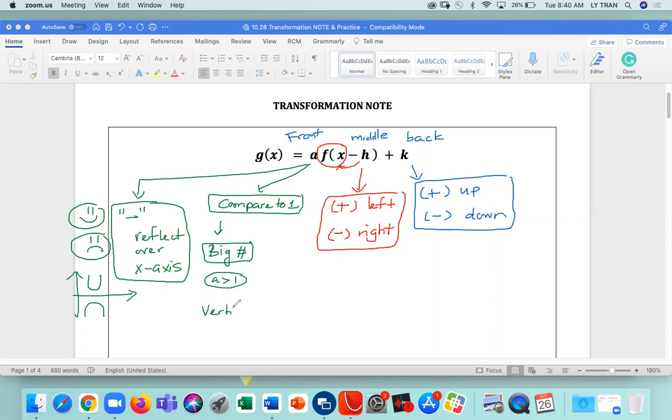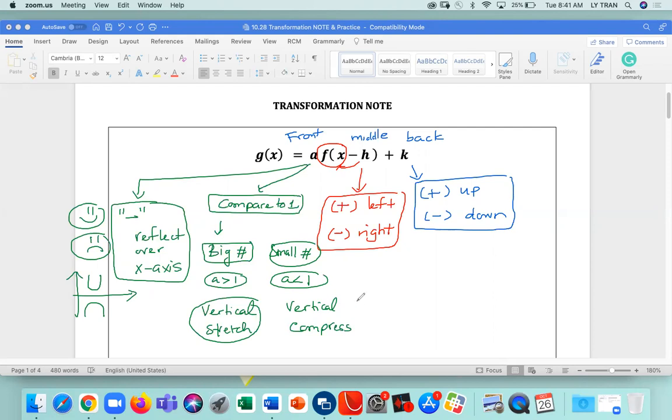It's going to be a vertical stretch. And it could be a small number, any number, but less than 1. And the graph is going to be compressed. Just like that. So using this note, you can apply transformation to all of them.